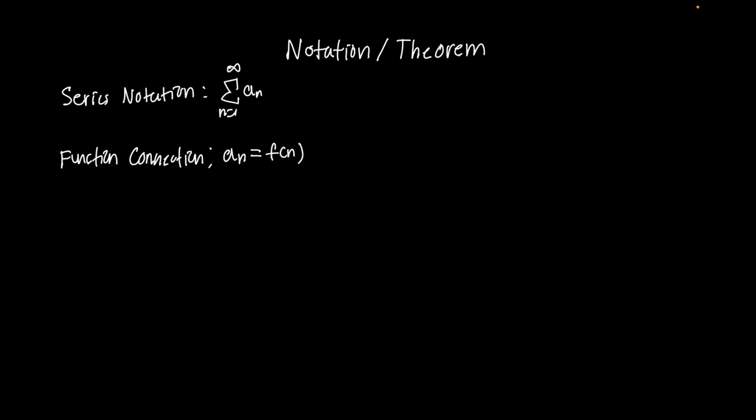What this means is that the terms of the series, a sub n, come from plugging the integers into a function, f of n. And then we're going to have an improper integral to compare to. The improper integral looks like this: from 1 to infinity of f of x. This is what we're going to be comparing with the series.